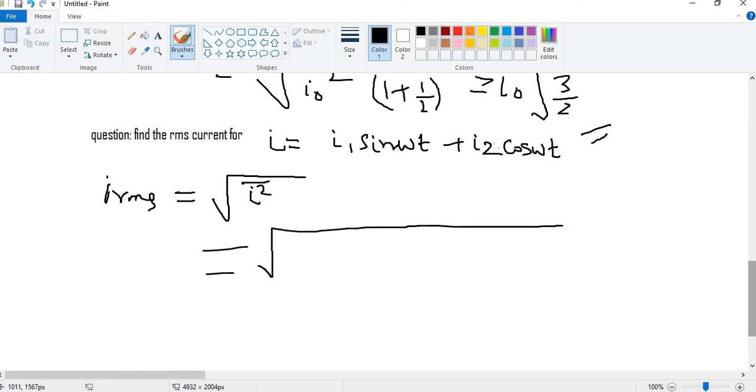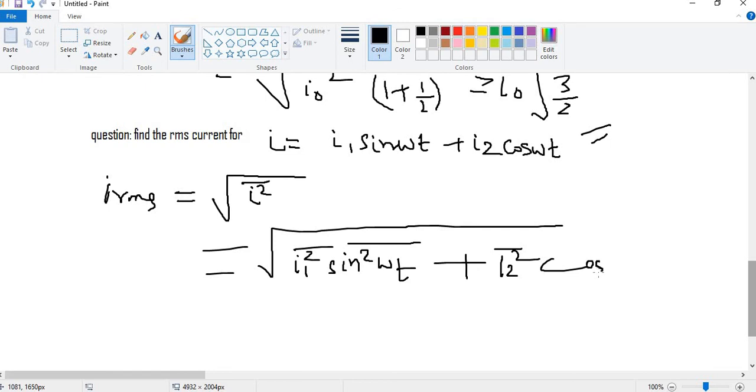I directly put in the values. This a squared is I1 squared, then b squared is I2 squared cos squared omega t, and we have the mean for this, and then 2ab, so 2 into I1 into I2 and sin omega t into cos omega t.